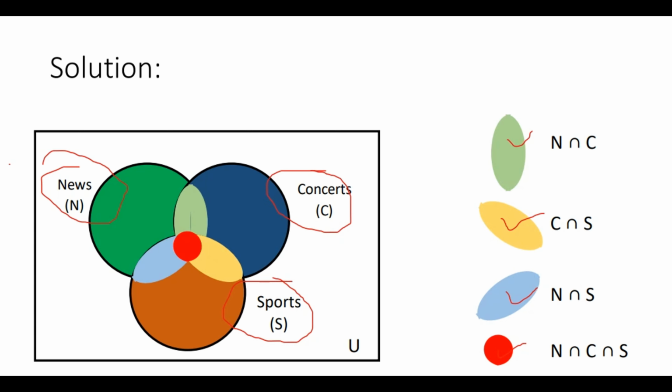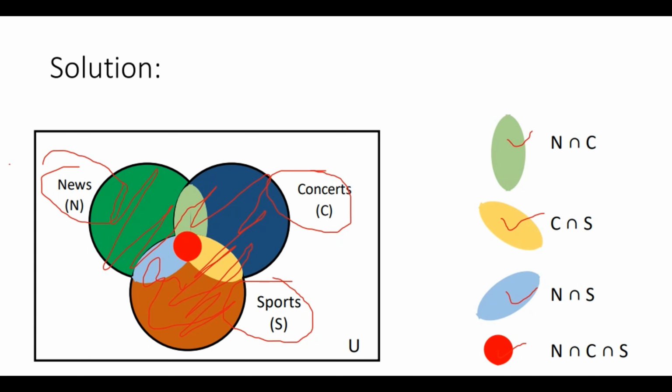If we take this figure, news and concert, from this part, also the concert and sports, this one, and the news and sports, this one. Imagine if we take those figures from here, the middle part will be hollow. But this part, this one, is shaded.